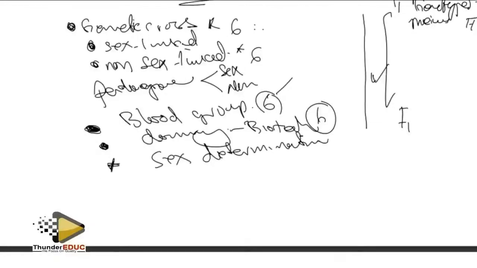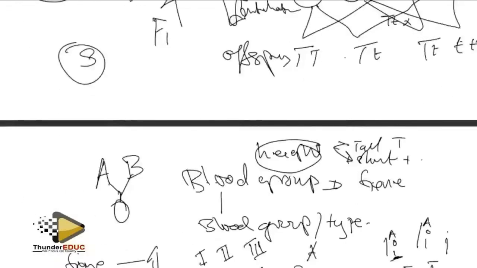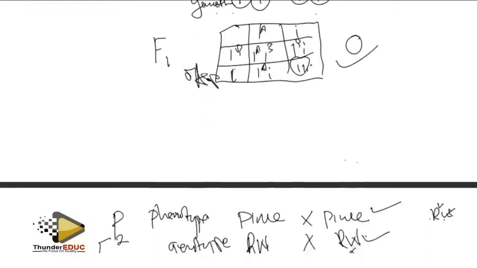Sex determination is like describing a karyotype. When asked to describe sex determination, it's like describing a karyotype. But here, if they ask you for the genetic cross, you have to do the cross. So, for example, if it's a cross, you tell us P1, F1, everything.